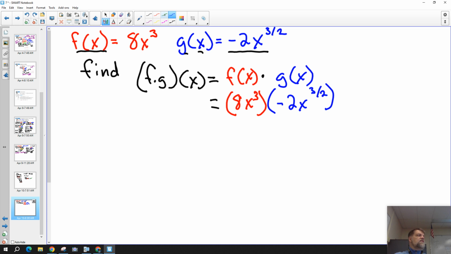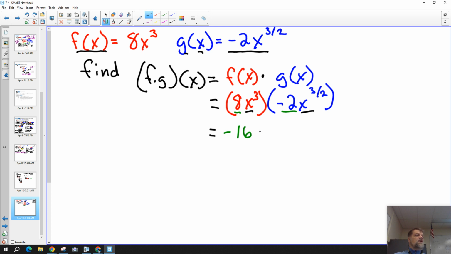So now the easiest thing to do here is, well, I shouldn't say easy, it trivializes all the stuff you have to keep track of. So we're going to multiply the numbers by the numbers, right? So what's 8 times negative 2? Negative 16.